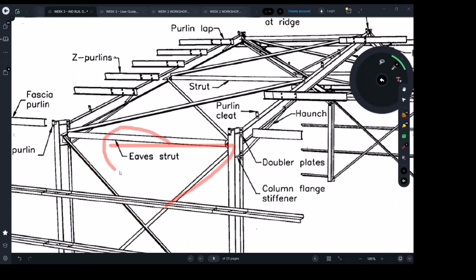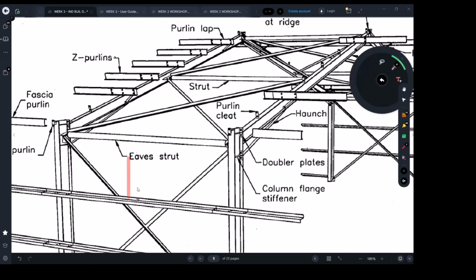There are two functions for the eave strut. One of them is to create the triangles and eventually trusses in either the roof or the wall system. But I'm asking you, what else do we use the eave struts for? What do they do as well? To carry the girts. Perfect. Thank you, Ivan. Thank you.